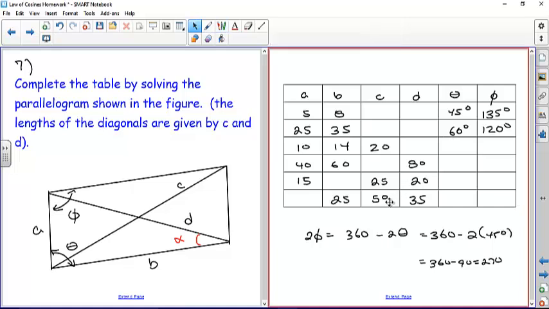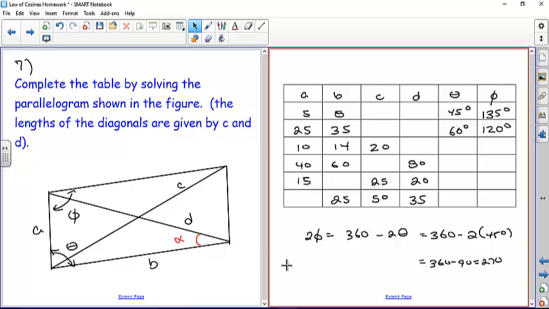Now, what we have is this triangle with sides A and B and a diagonal D, and the angle theta is the angle opposite the diagonal.